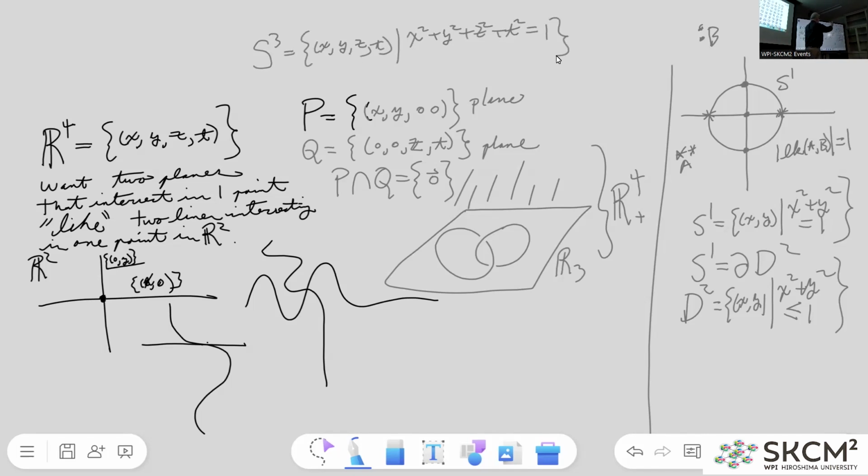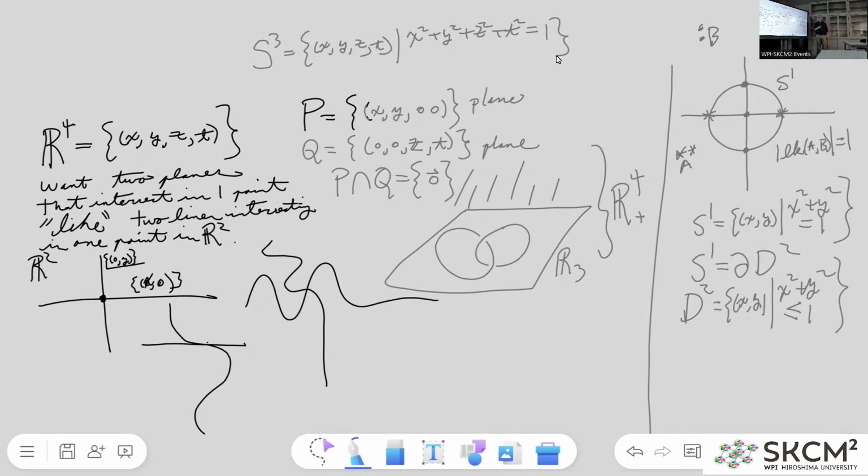There's the unit 3-sphere sitting at the origin, one unit away from the origin in 4 space. So putting down one equation cuts the dimension down by 1, and I have the 3-sphere sitting in 4 space like that. Then I can think, if I want to, of upper 4 space as interior 4 space instead.